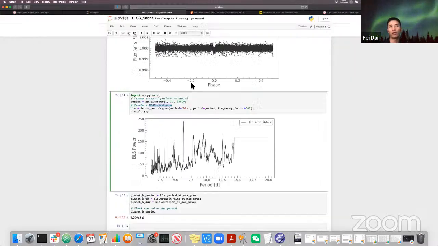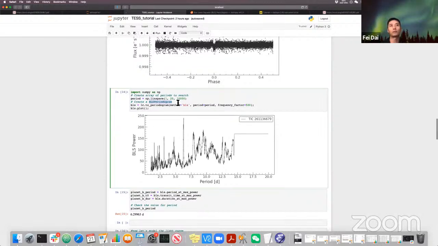Coming back to the notebook, this is shown over this period grid. You try the matched filter at a bunch of periods, and you also try out a bunch of different transit durations and depths. You collapse those two dimensions, duration and depth, to represent a peak signal at each period.